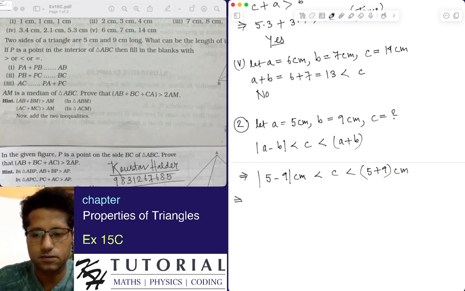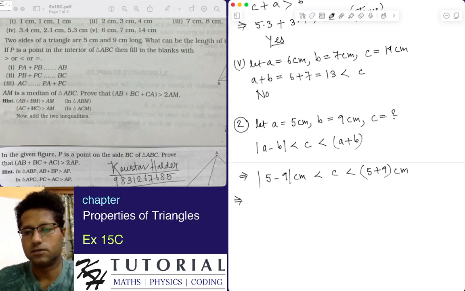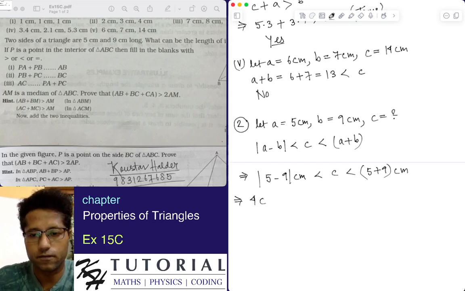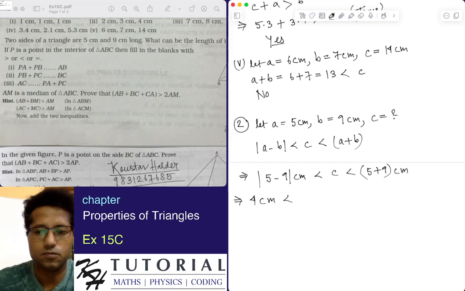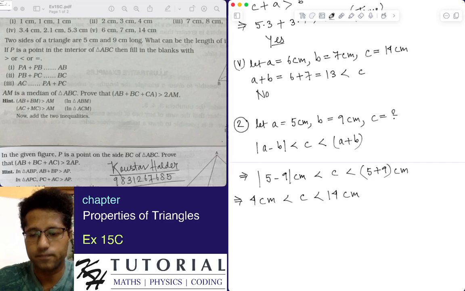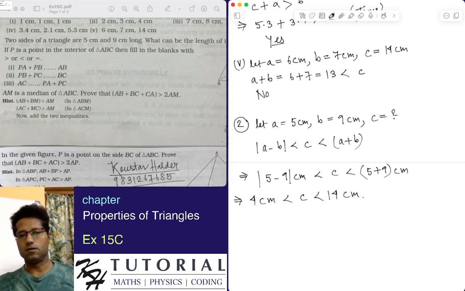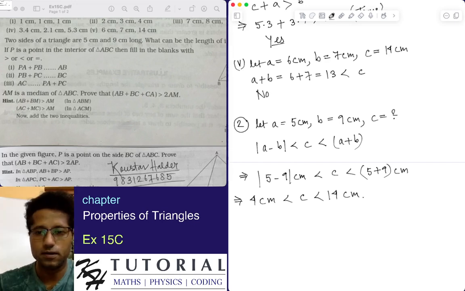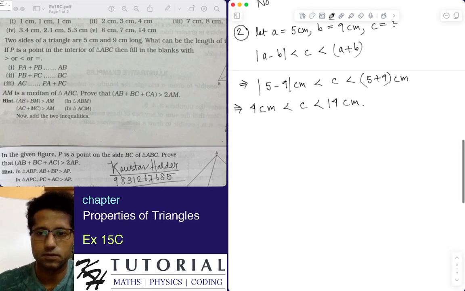So we have 5 minus 9 is minus 4 and modulus is 4. So C should be greater than 4 centimeter and less than 14 centimeter. So the length of the third side should be greater than 4 centimeter and less than 14 centimeter. Okay.